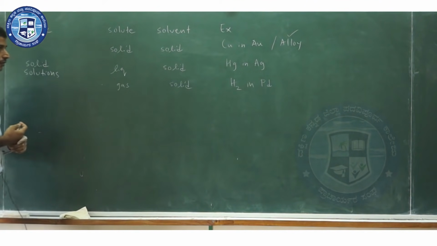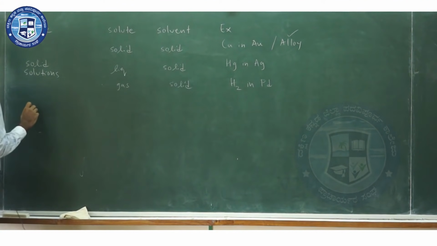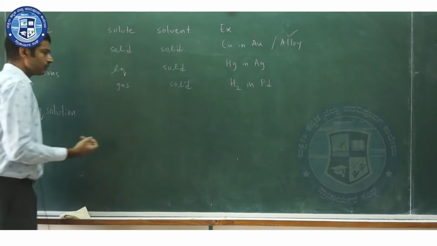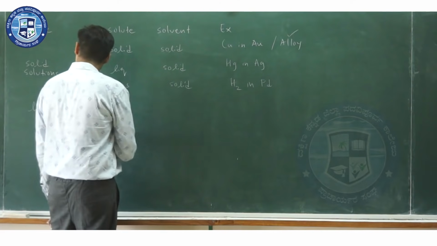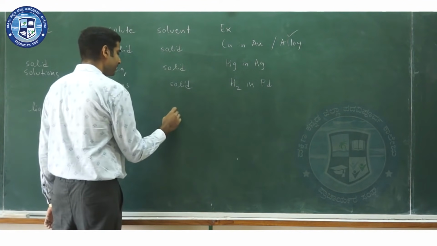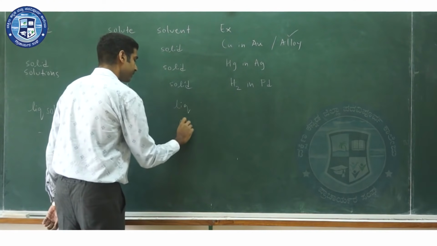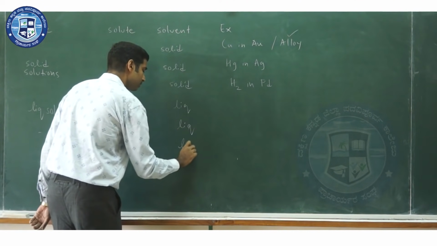Anyway, let us have a look at the next category of solution, the most common ones which we are going to study extensively in this chapter: liquid solutions. The solvent in this category will be a liquid. Let me fill these 3 at a stretch.